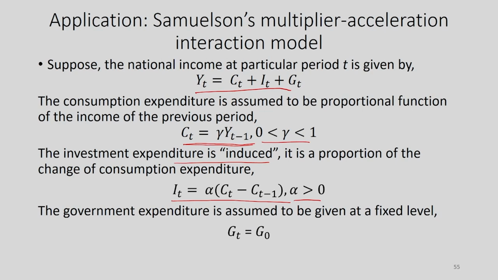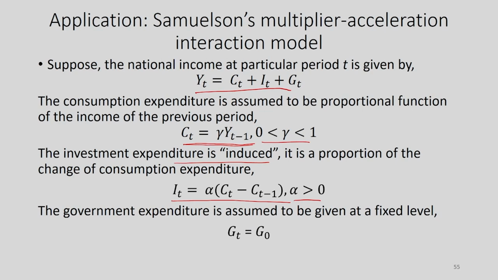So, if the consumption expenditure is rising, then the investors feel that it is better to invest more money to build capacity so as to cater to the rising expenditure by the consumers. So, that is the logic.